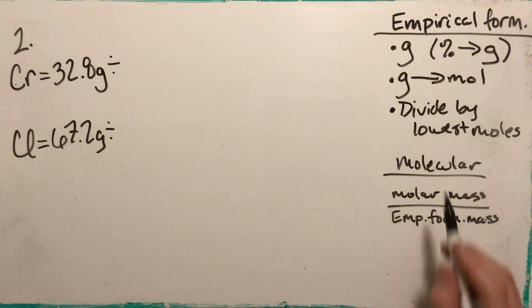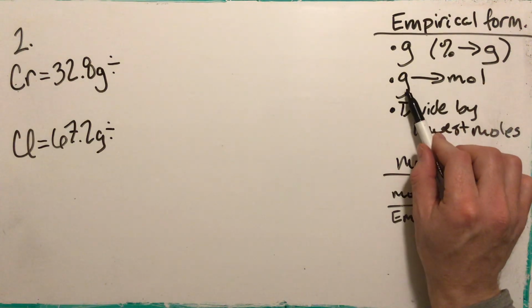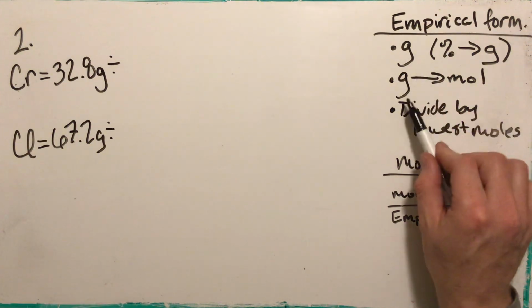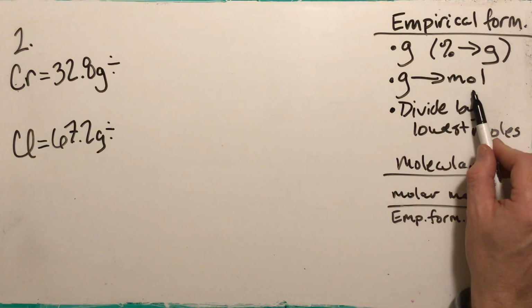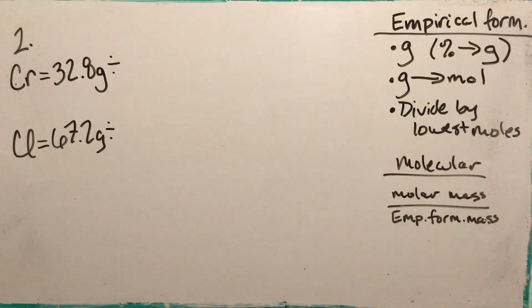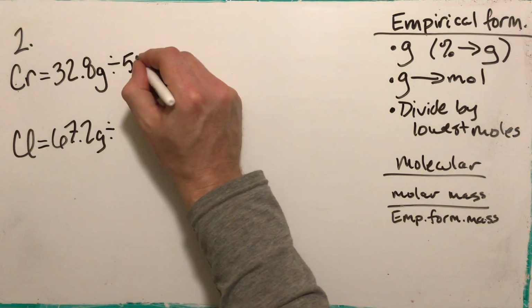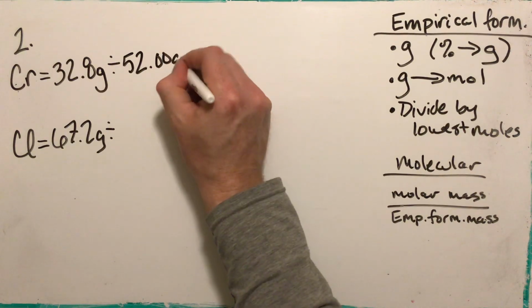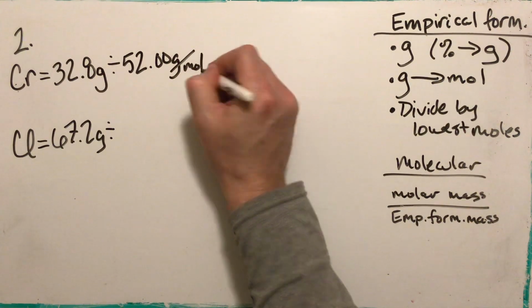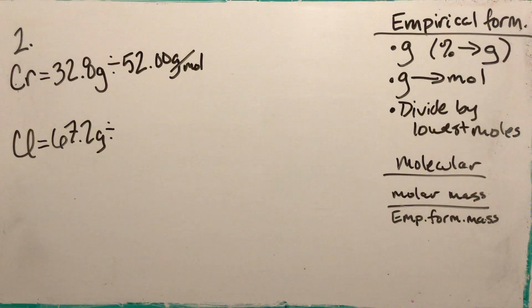The next thing we're going to do, now that we've got the grams, is change them into moles. To do that, we have to divide by the molar mass. So I go to the periodic table, right? And the molar mass for chromium is a nice even 52 grams per mole.